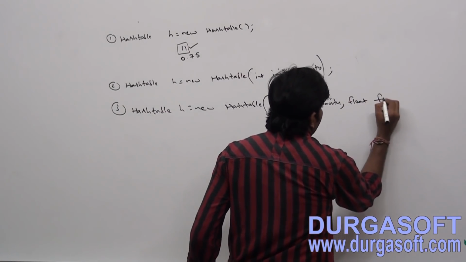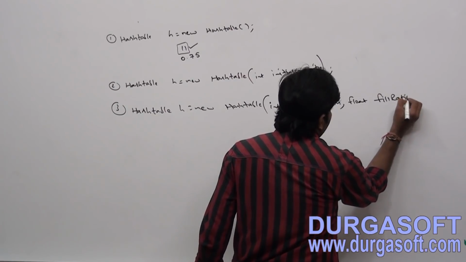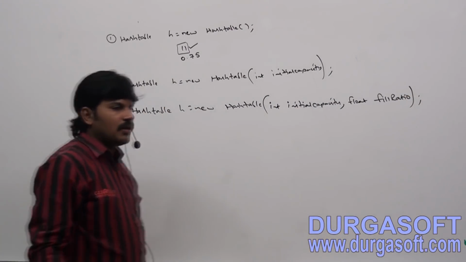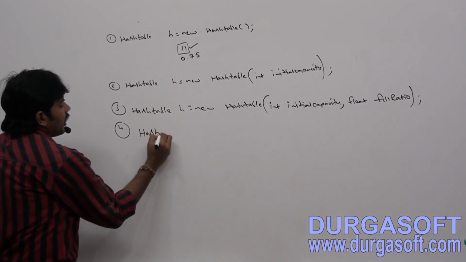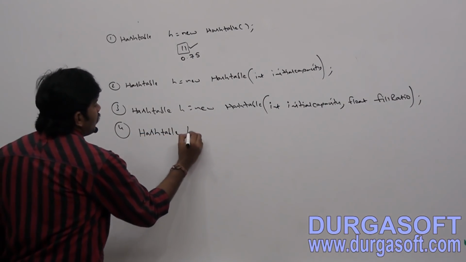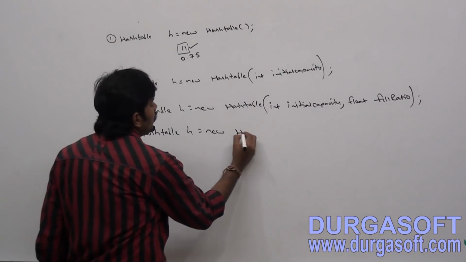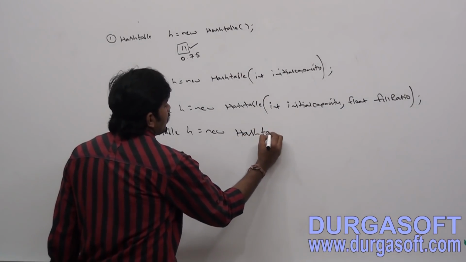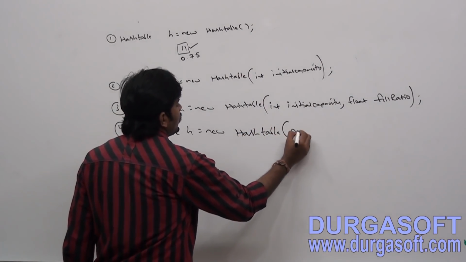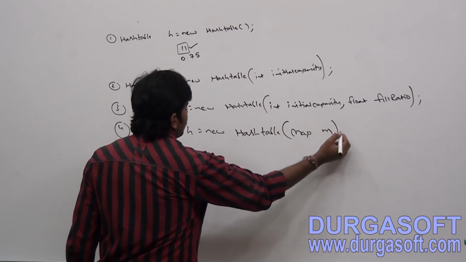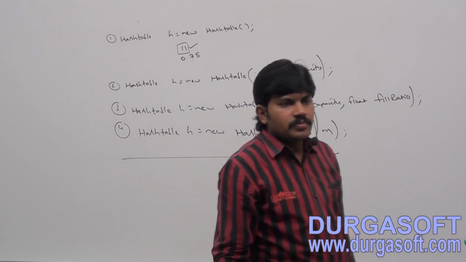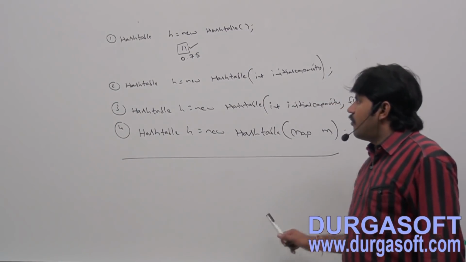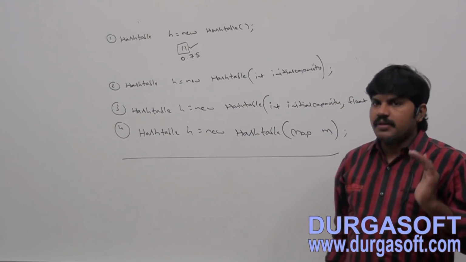Next, hash table h is equal to new hash table of map m. You are getting map m, intra-conversion between map objects, right? These are the 4 constructors we have in hash table.